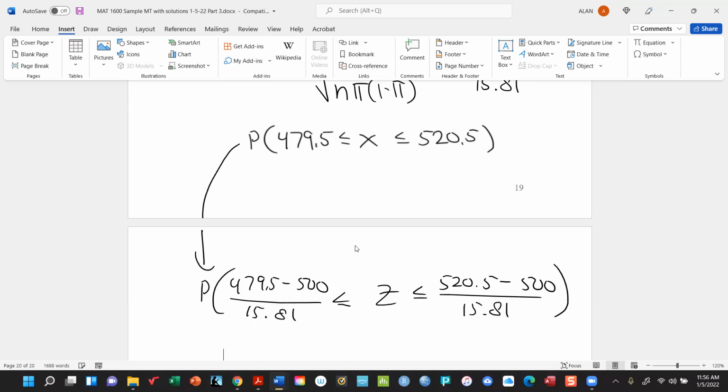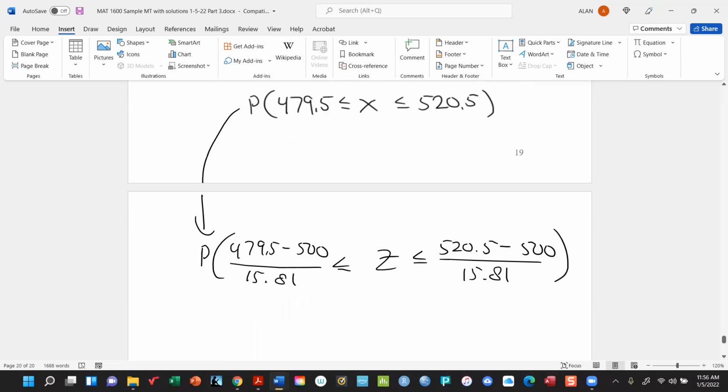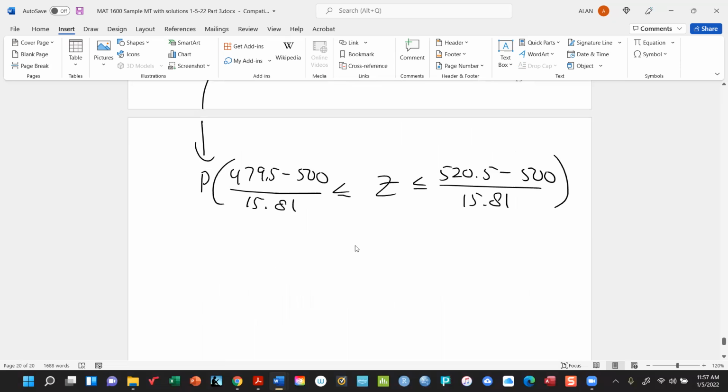And so here, we're going to have, so this one is approximately equal to, let's see, 479.5 minus 500 divided by 15.81, this is about negative 1.30.